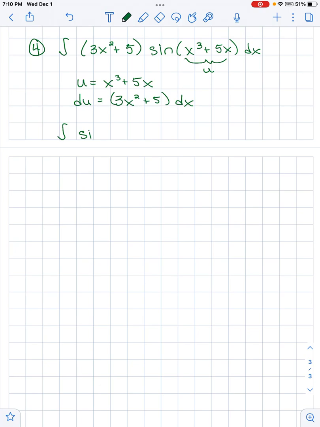Instead of sine of x cubed plus 5x, I will rewrite this as sine u, and then the 3x squared plus 5 and the dx is du. Okay, now this is just a trig problem. I just need to work backward from the sine function. So the antiderivative of sine is negative cosine plus some constant. If I replace u with x cubed plus 5x, that gives me the antiderivative.